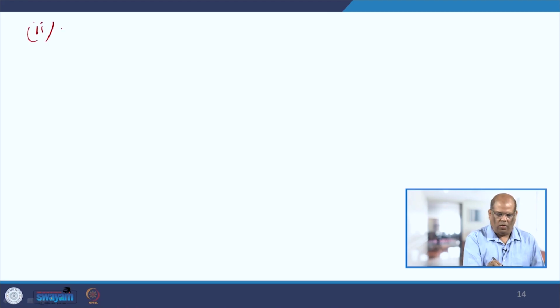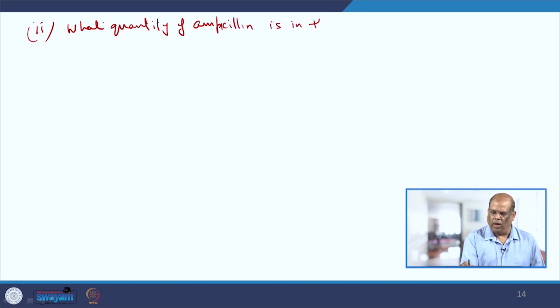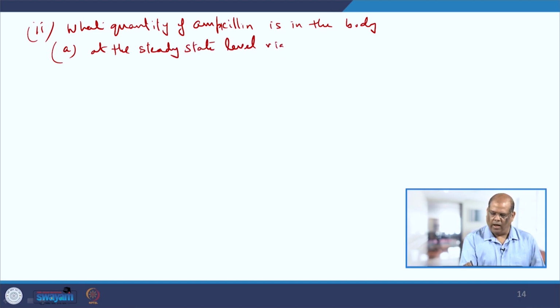Next, we pose another question. What quantity of ampicillin is in the body at the steady state level right after taking the tablet?